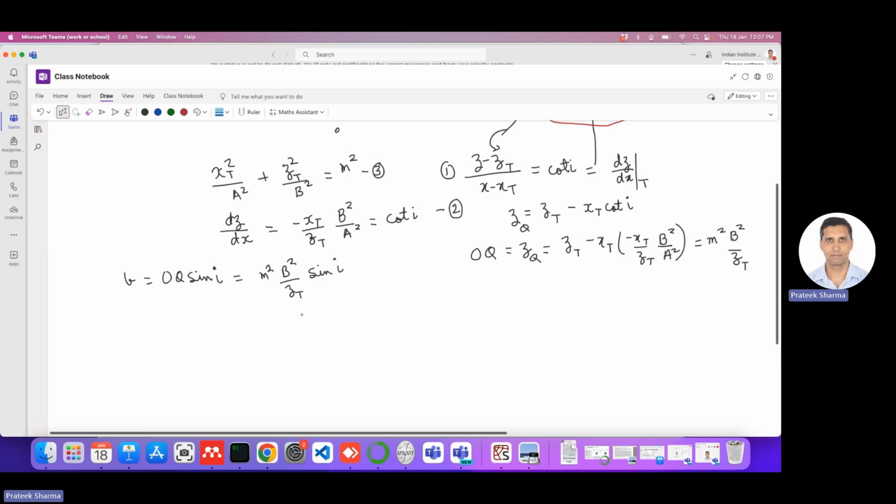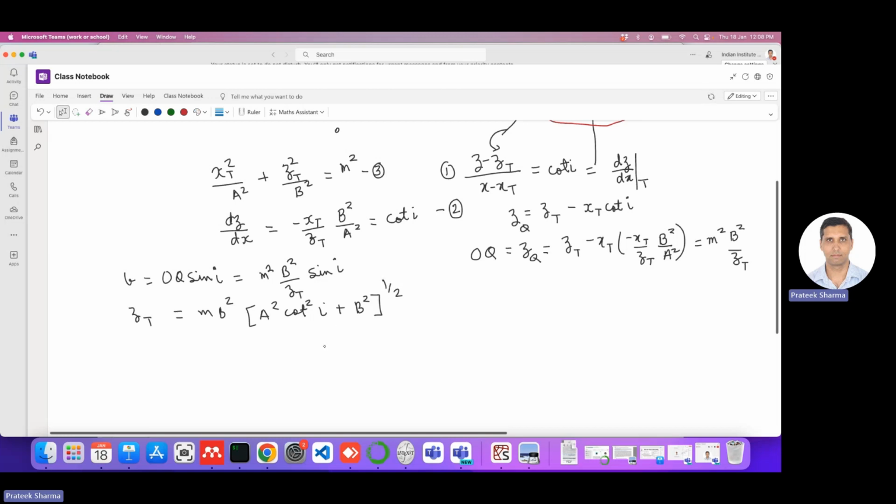So we can also solve for ZT in terms of m and B from these equations. So ZT equals m B squared over A squared cot squared i plus B squared, to the 1/2, right?